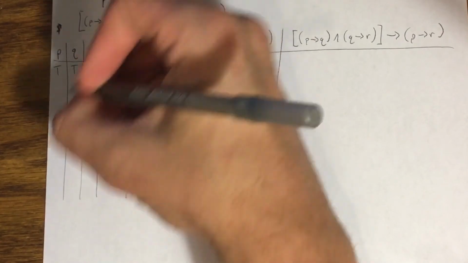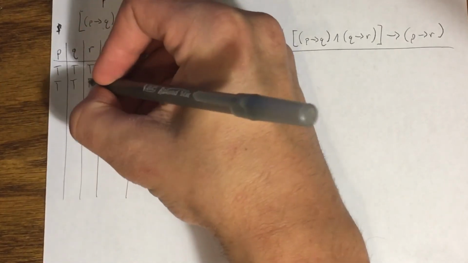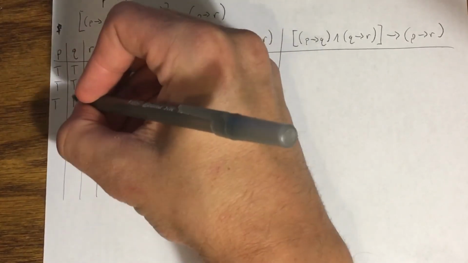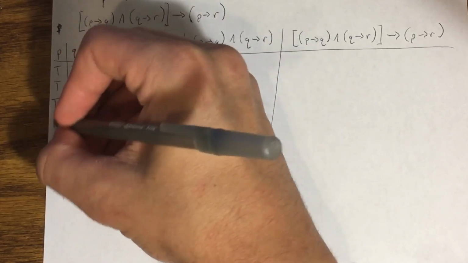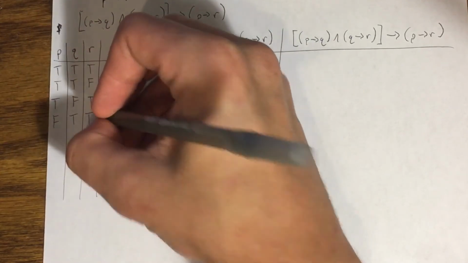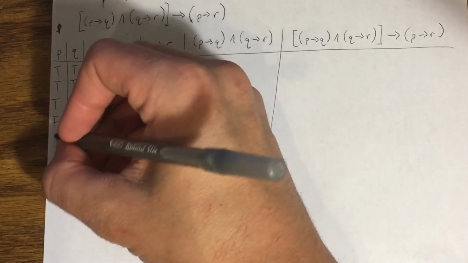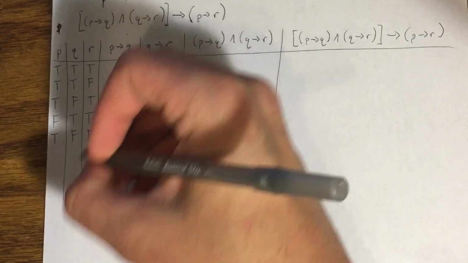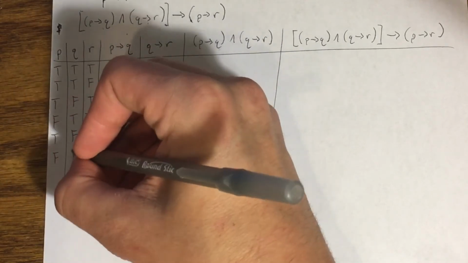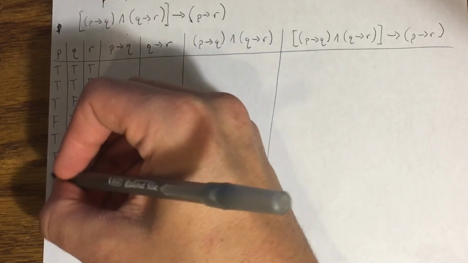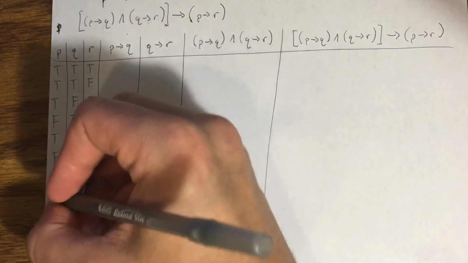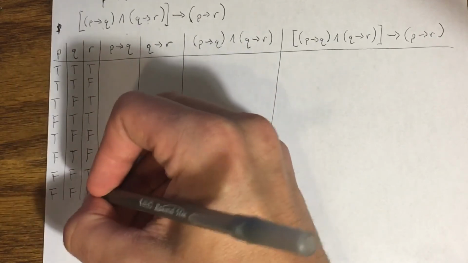True, true, true, true, true, false, true, false, true, false, true, true. So those are the first 4. And then let's see, I have true, false, false. That's one possibility. False, true, false, false, false, true. And then finally all falses.